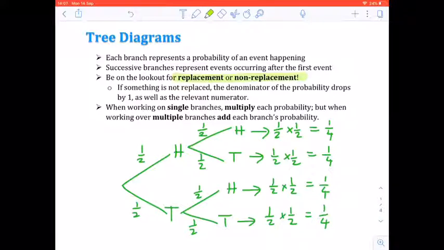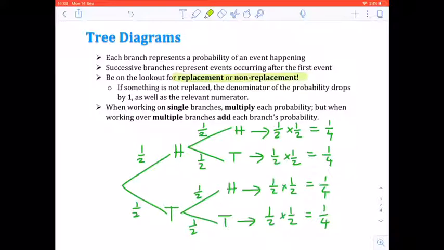If you take a marble out and you don't replace it, the next branch is going to have one less of that particular marble, as well as one less total marble within the bag. So if there's replacement, the probabilities will stay the same throughout the branches. But if there is non-replacement, that piece has been removed and it cannot be part of the next event, right? So you need to look out for that.